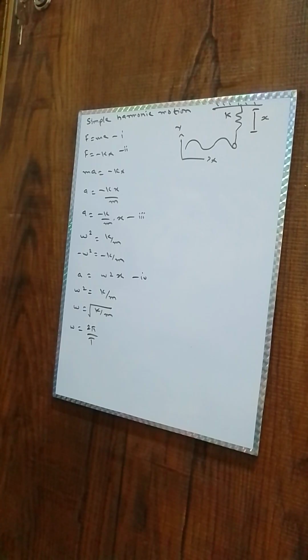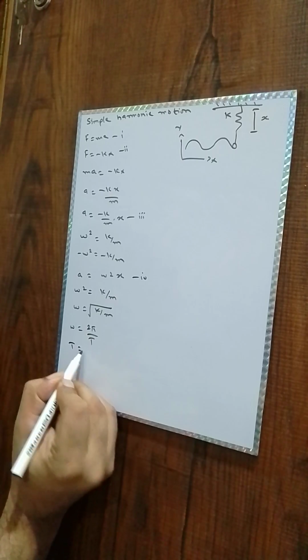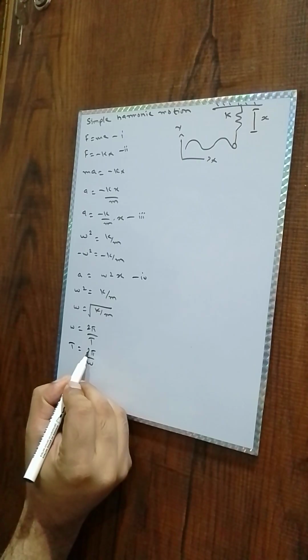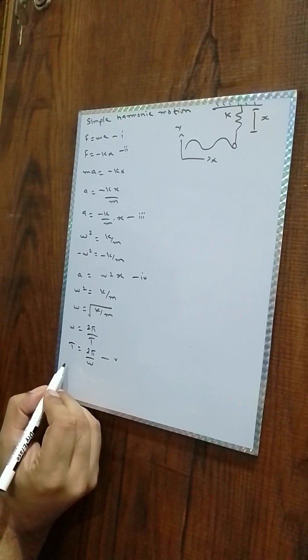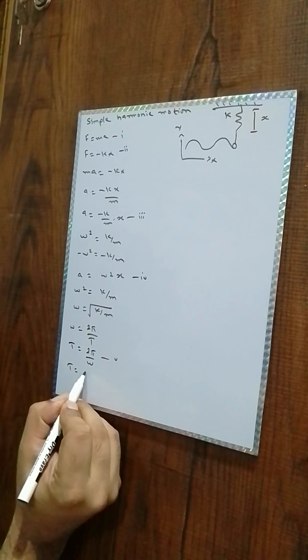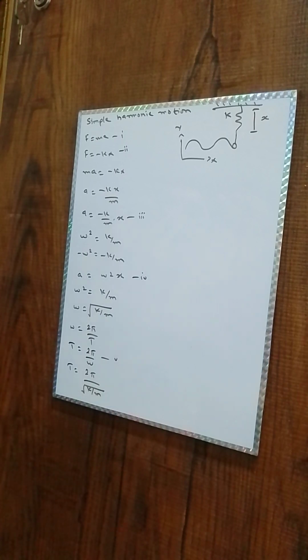So now we have the situation where T can be formed. T is equal to 2 pi by omega, and in this form we can put the substitution of omega. So T becomes 2 pi by k by m under the root.